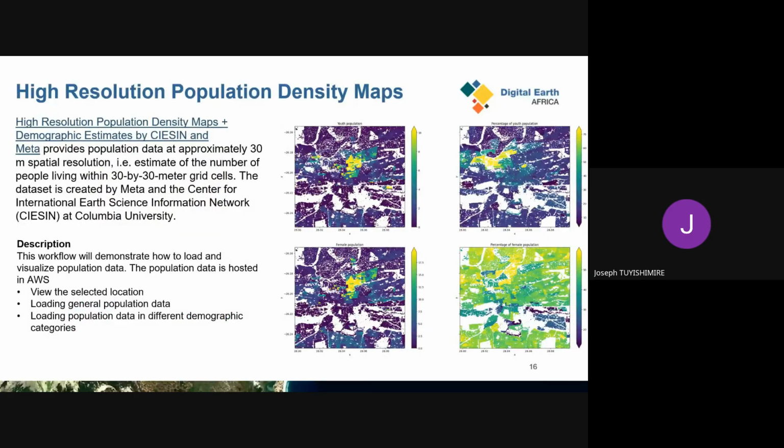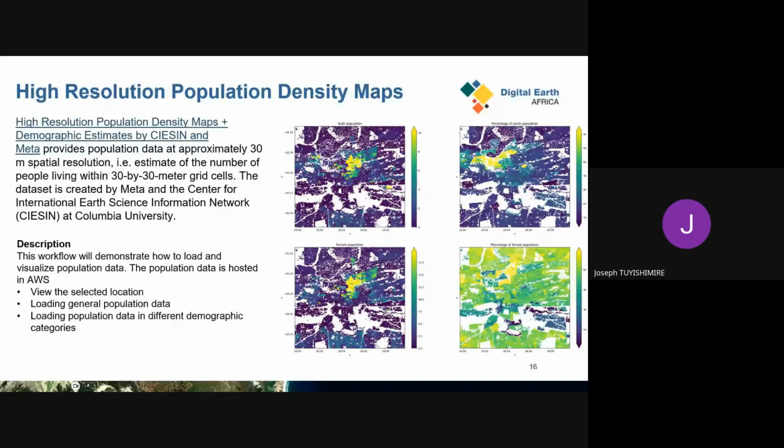But there are also other global data sets that are very useful within the Africa platforms, like the high resolution population density. These are global data sets that provide approximately 50 meter spatial resolution population data.